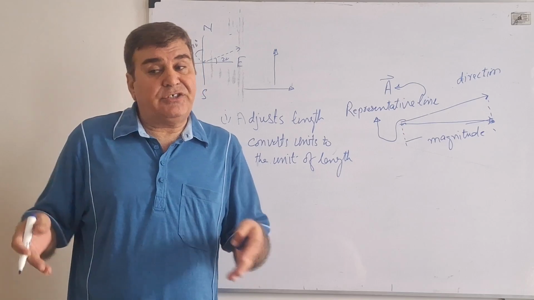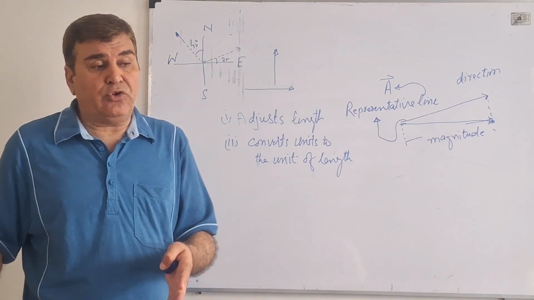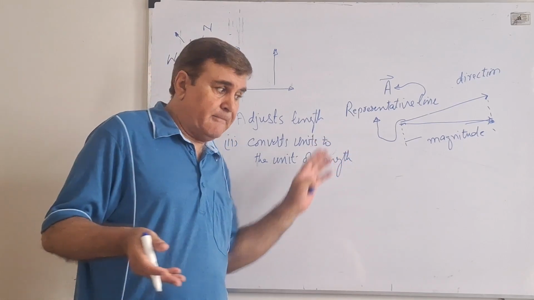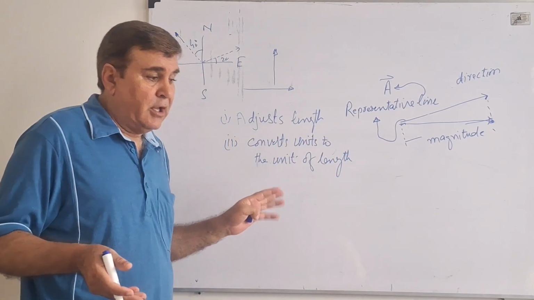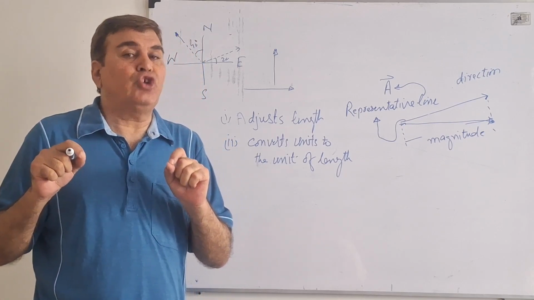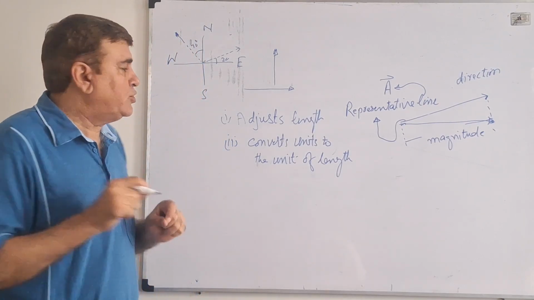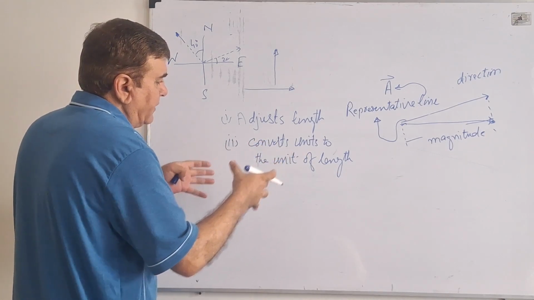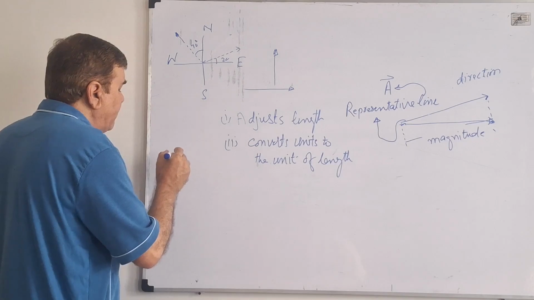So how will we adjust 10 kilometers, 50 kilometers, and hundreds of kilometers on a paper, on a board? That's in fact the job of scale. We choose our scale such that we accommodate our vectors within the available area.